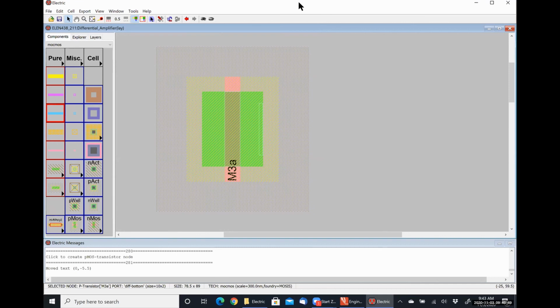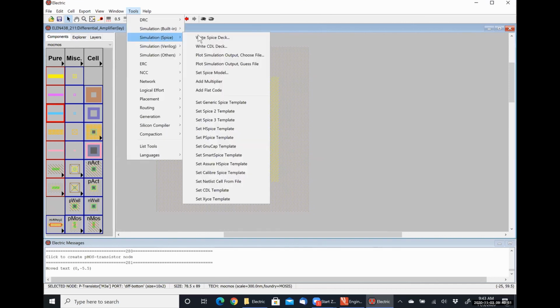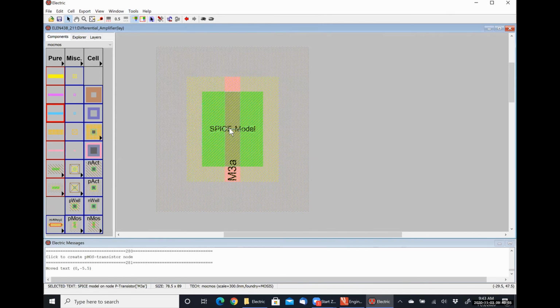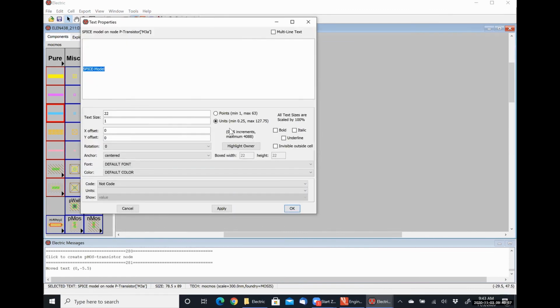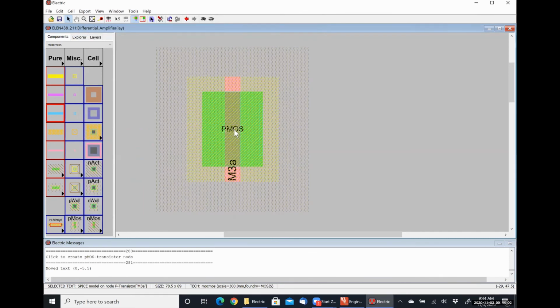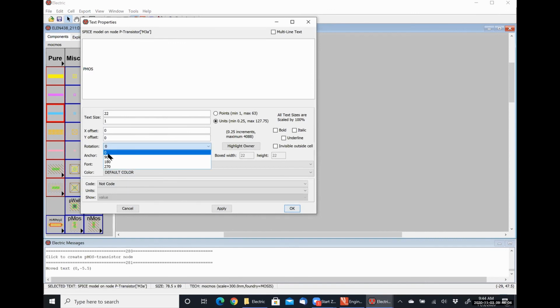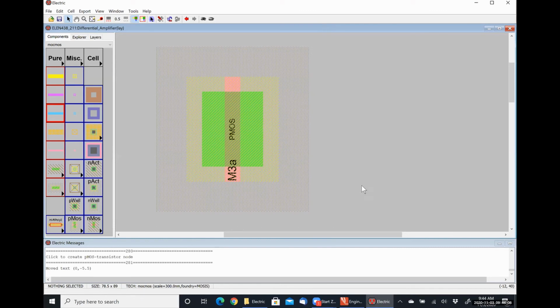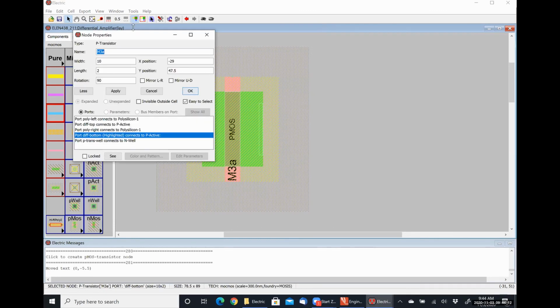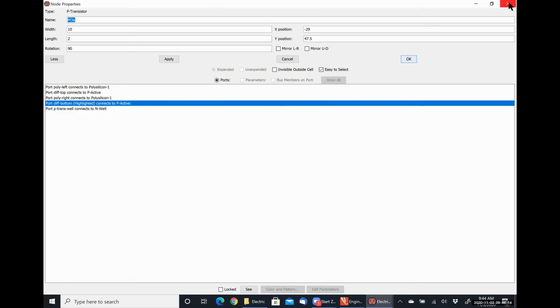Set my SPICE model. PMOS. Rotated text 90 degrees. No, not Control I. Not that either.